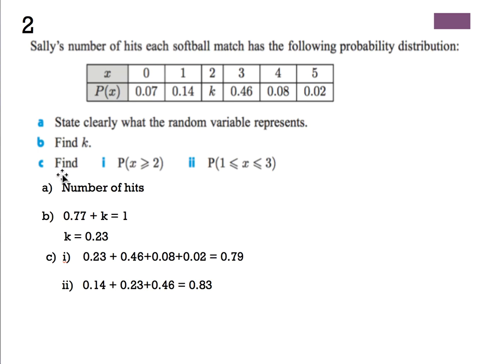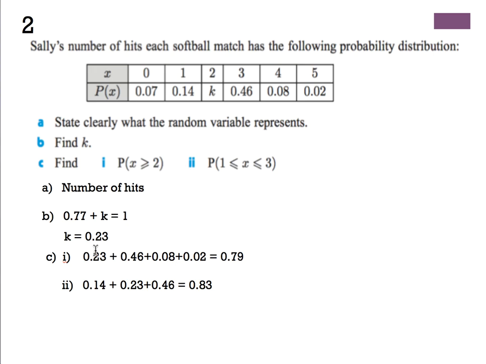Now let's go to letter C. What does it mean by probability of x is greater than or equal to 2? Meaning this will be equal to the probability of x being equal to 2 plus probability of x being equal to 3 plus probability of x equals 4 plus probability of x equals 5.